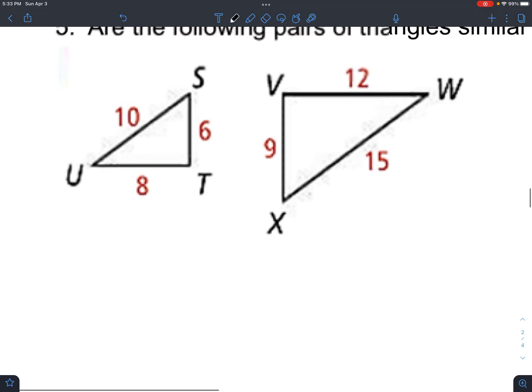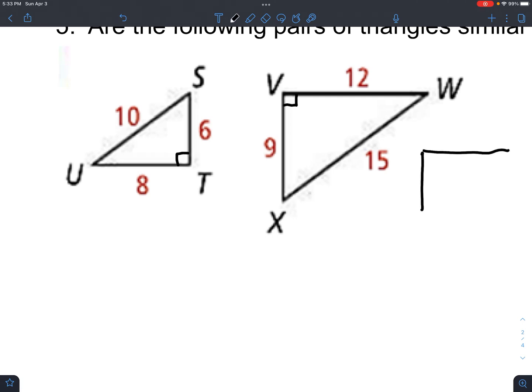So are these similar? Well, one thing I know is that these are not drawn the same way, and it's hard to see what matches with what. I'll pretend like this is a right angle to help me. It is, but we don't really know that yet. I'm going to draw a smaller right triangle over here, and I'm going to move my vertices.